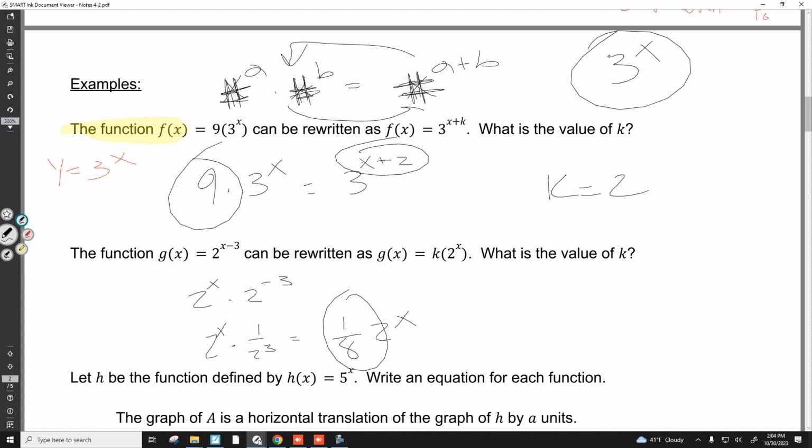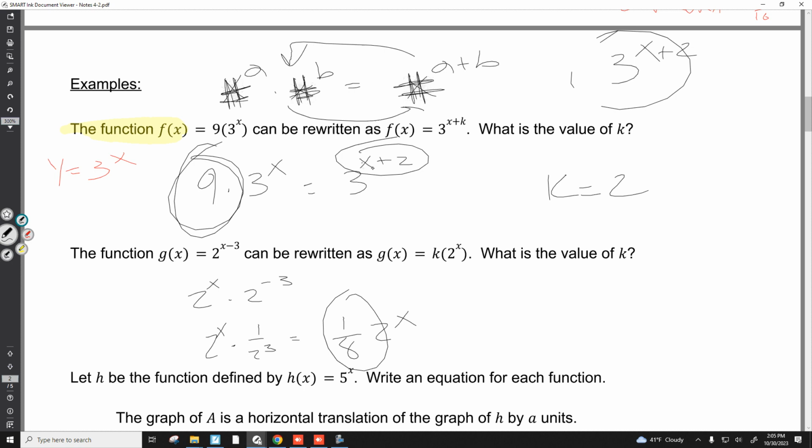If I put a 9 in front of 3 to the x, what do you think that transformation is? It's a vertical dilation of a factor 9. Cool. What would you say if I said 3 to the x plus 2? What type of transformation is that? 2 to the left. That's it. A vertical dilation of 9 is equivalent to a horizontal translation of 2.